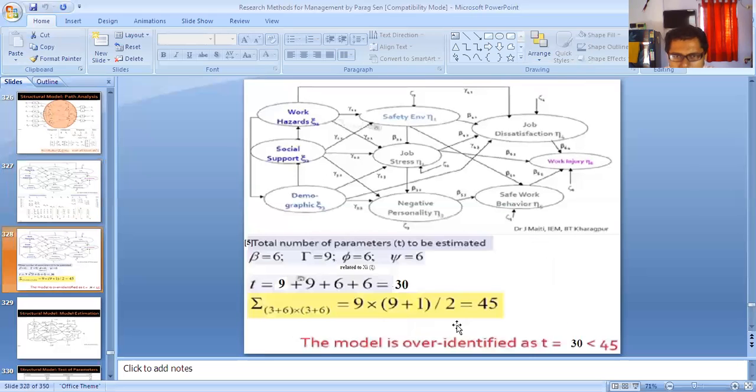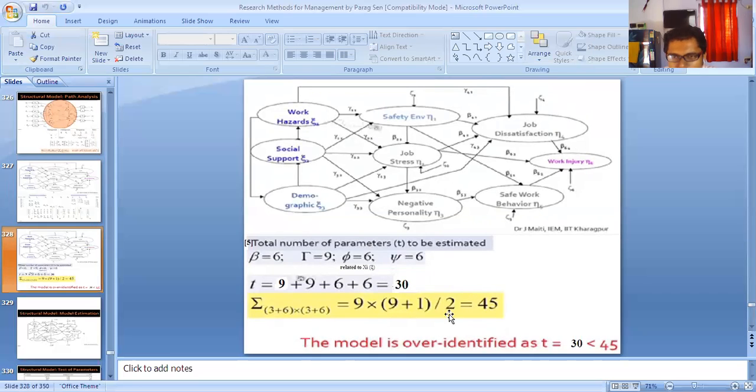Similarly, here also you need to check the total number of parameters to be estimated. Here you can see that the total number of parameters to be estimated is 30. And how many data points are there? Since there are 9 variables, you put in the formula 9 into 9 plus 1 by 2, so 45 is the total number of data points.